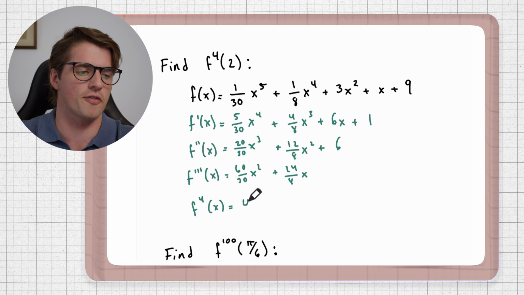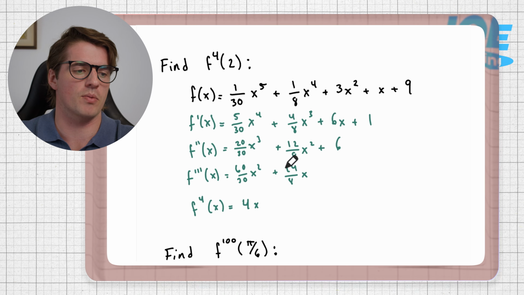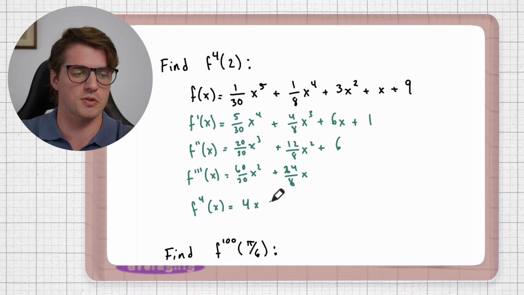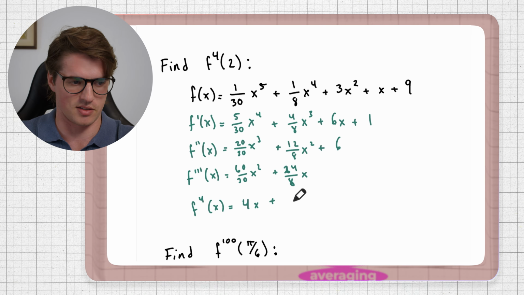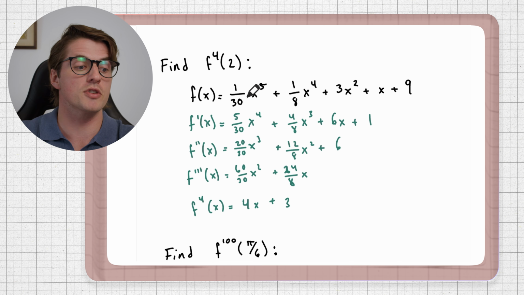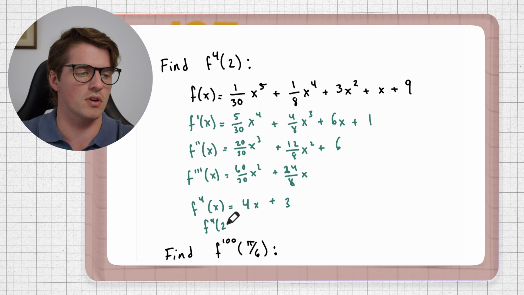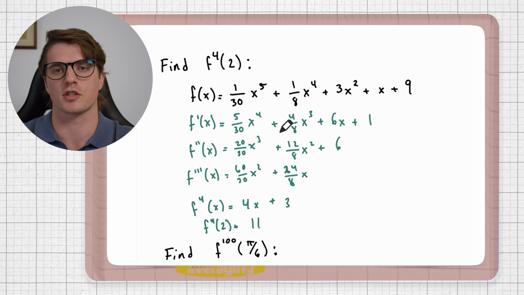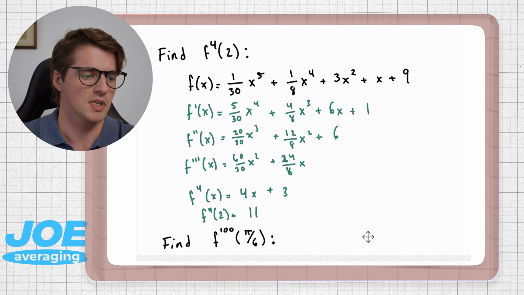Bring down the 2, we have 4x. And we had 24 over 8 is 3. Just bring down the 1. We only have x to the 1, so we have 3. 4x plus 3. We just plug in 2 to this, so we'll get f4 of 2. It would be 8 plus 3 is 11.